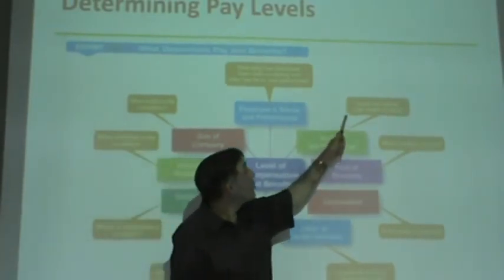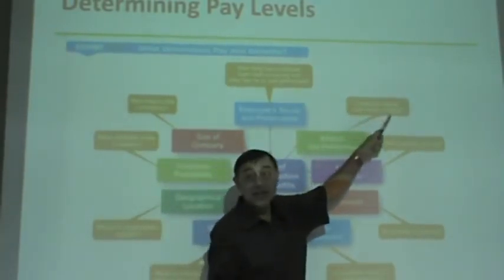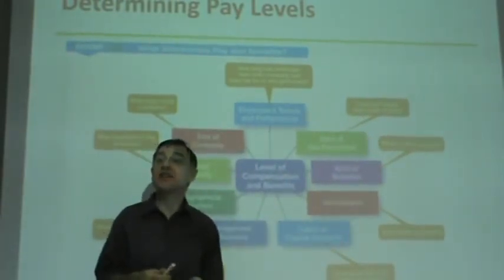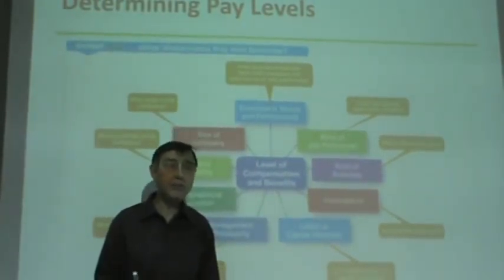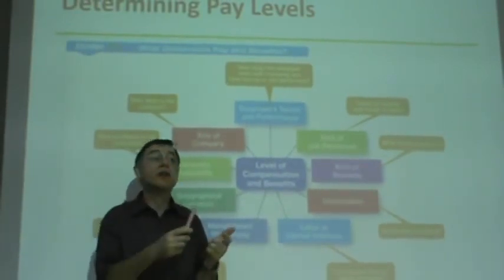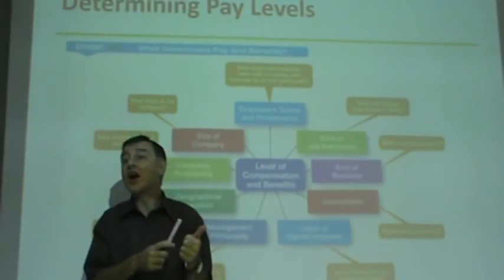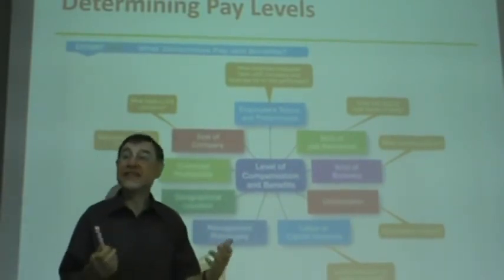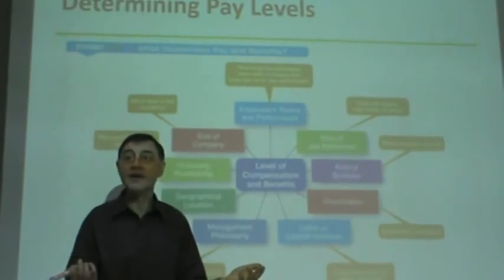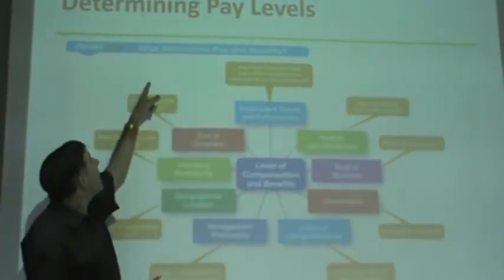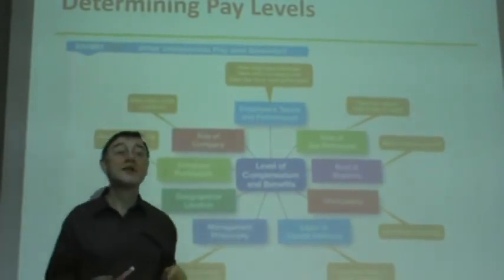Does the job require a high level of skill or a low level of skill? Is it a highly skilled job like that of a lawyer, professor, doctor, architect, computer programmer, or is it a low skilled job, okay? So, all of these are the factors which determine pay level.